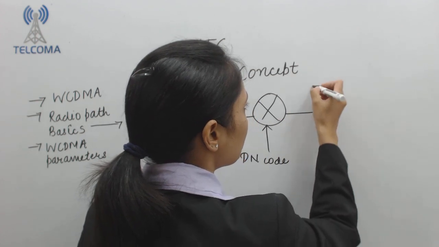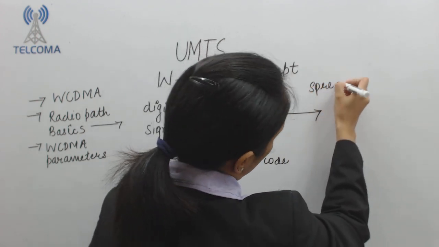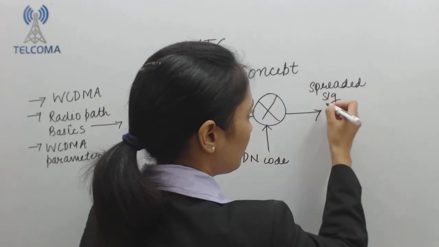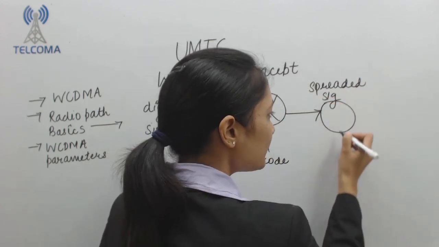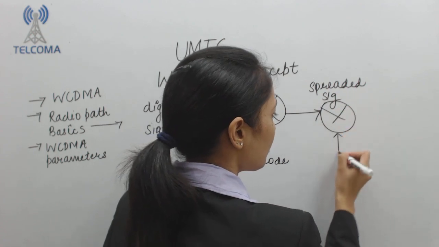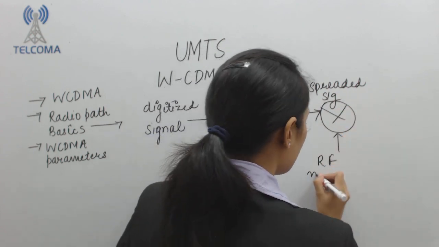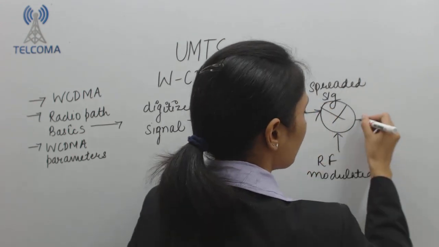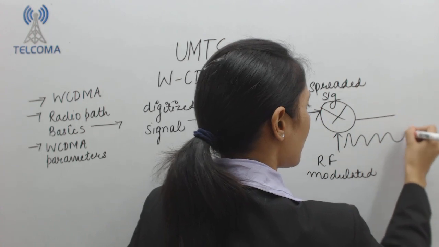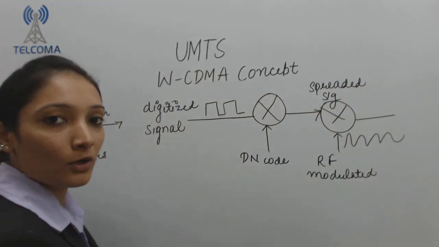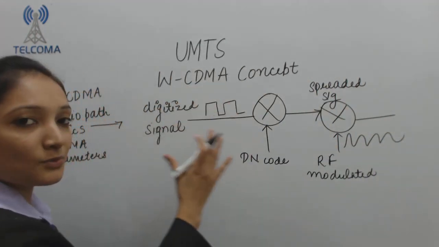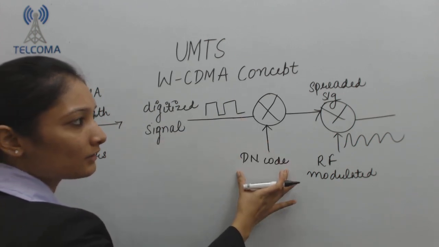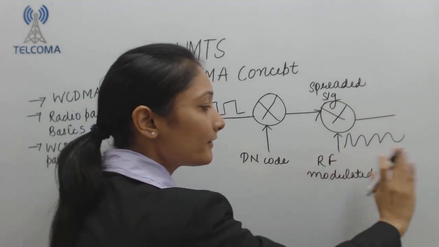We will have a spreaded signal. Now the spreaded signal here is RF modulated to be transmitted on the path. So that is transmitted. This is the function which is carried out at the transmission side, transmitting unit. Digitized signal multiplied with PN code, then RF modulated and transmitted.